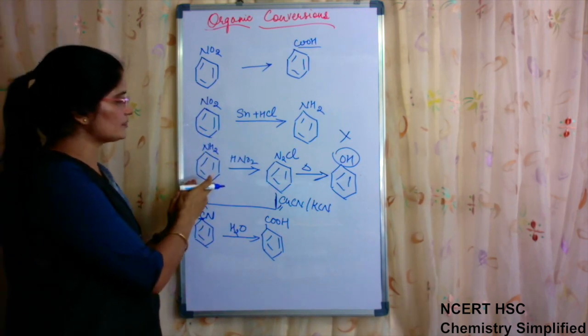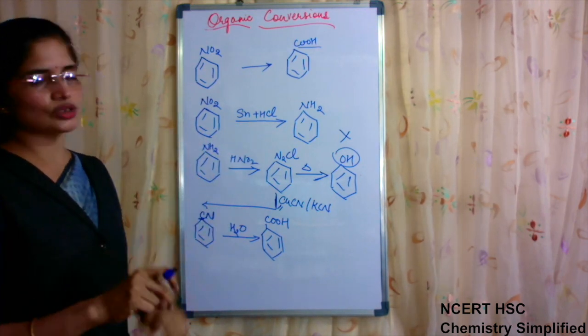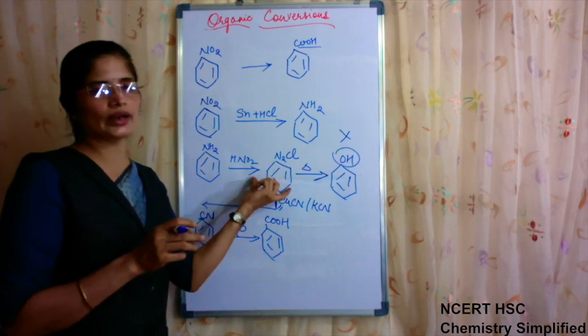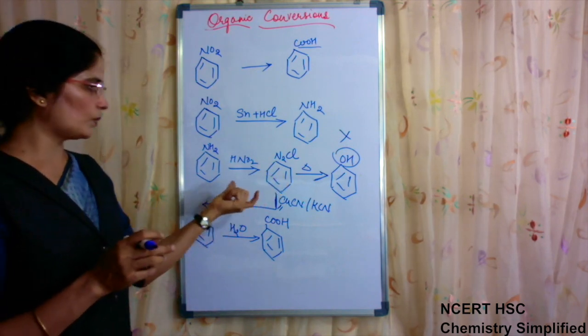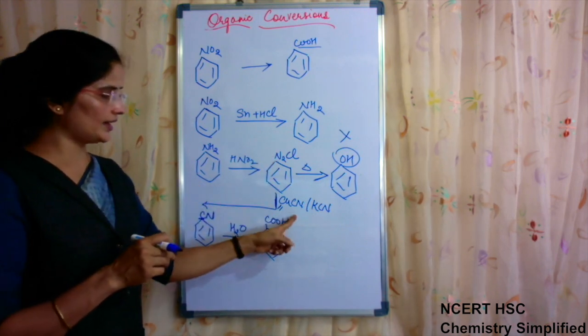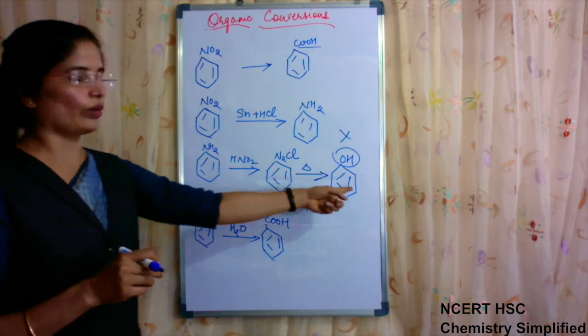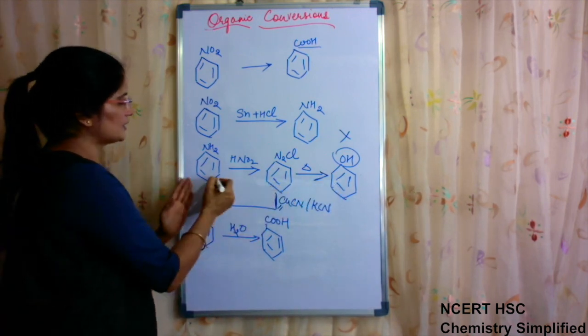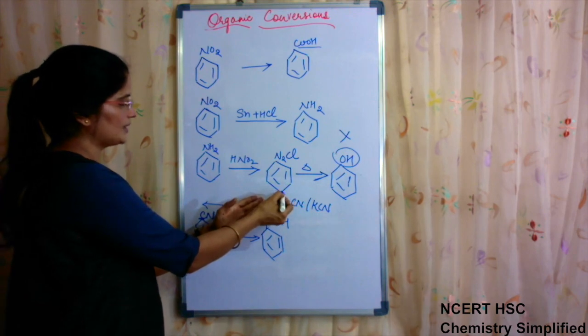Now when amines we obtain, for further conversions of aromatic compounds to any other compound, benzene diazonium chloride is the midway always. Why? Because this can convert it into any halogen derivative, cyanide derivative or alcohol. Okay, so we will first convert this into benzene diazonium chloride.